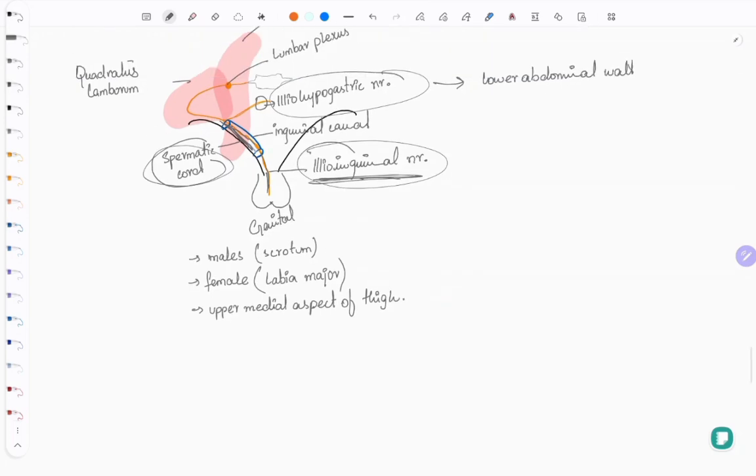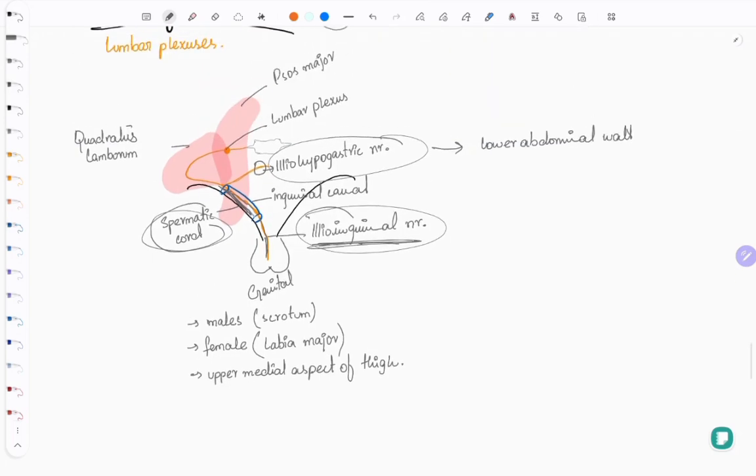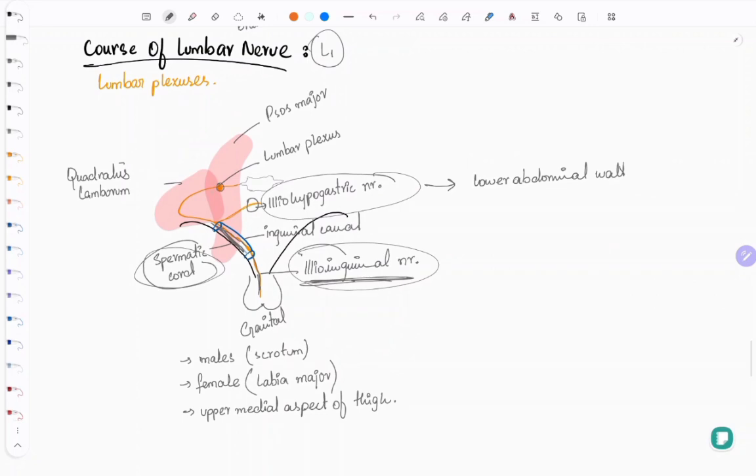So the first lumbar nerve, L1, arises from the lumbar plexus. It extends behind the psoas major muscle and quadratus lumborum and then courses forward, dividing into the iliohypogastric nerve and the ilioinguinal nerve.